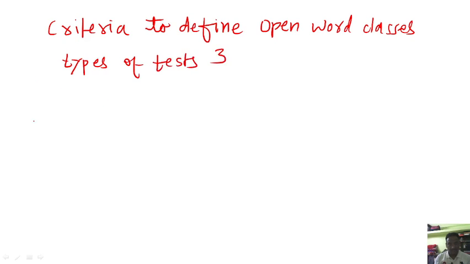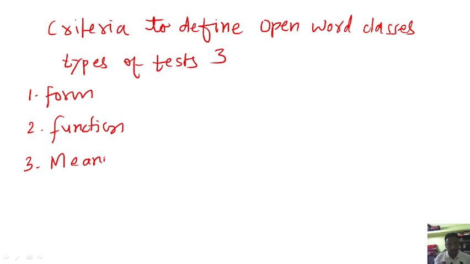First is form, second is function, and third is meaning. By applying these tests, you can easily identify, you can easily define whether a word is noun, verb, adjective, or adverb.